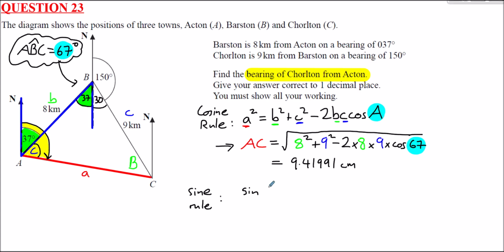The sine rule says that sine of the angle divided by the side opposite to it, which is 9, equals the sine of any other angle inside the triangle. Now we know this angle here is 67, so I'm going to use sine 67 divided by the length of the side opposite to this angle, which we worked out, that's side A, or AC, which worked out from earlier was 9.41991.